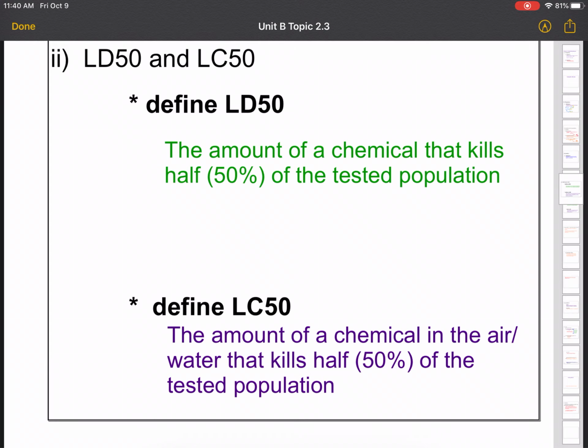You can see this LD50 written on certain chemicals that you find in the store, and that's basically telling you its effectiveness. LC50 is the amount of chemical in the air or water that kills half of the tested population. So LD is the chemical just in the population, LC is looking at it in the air and water.